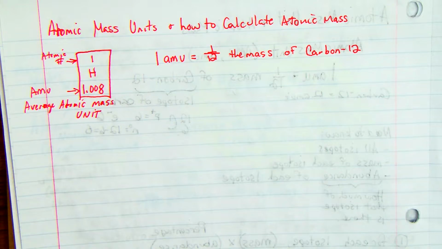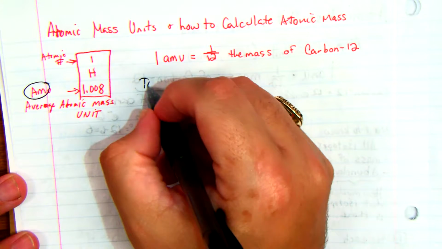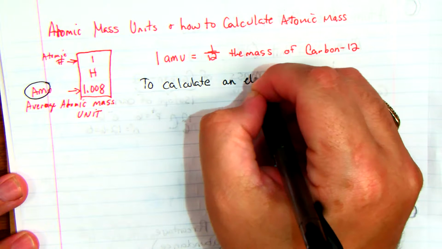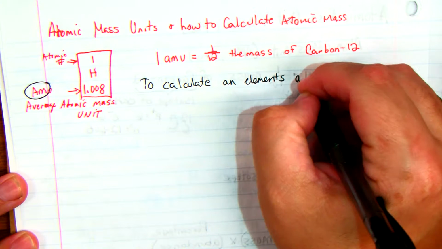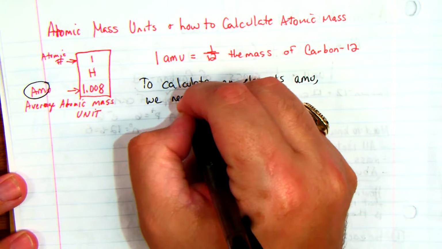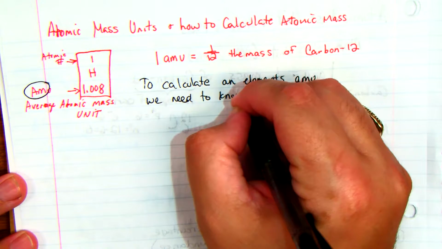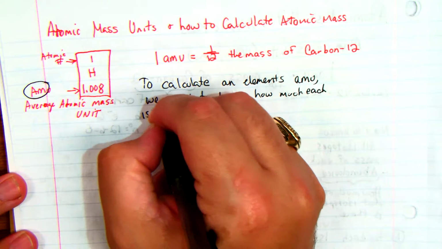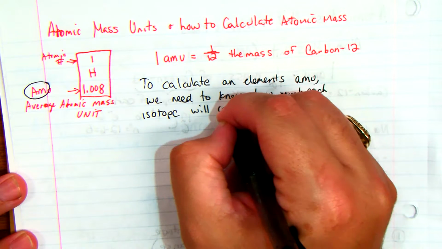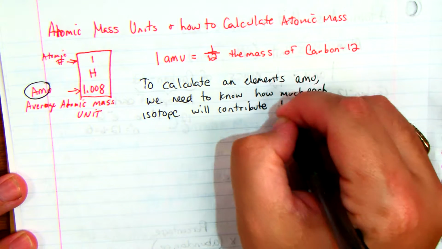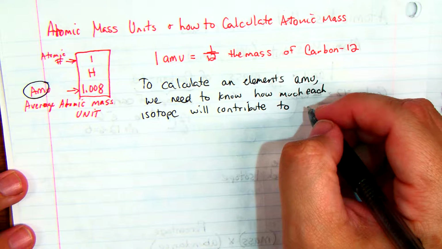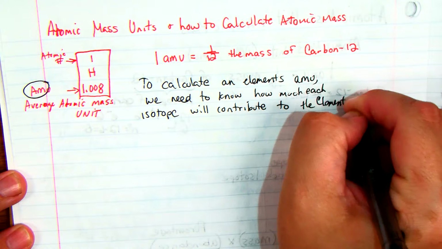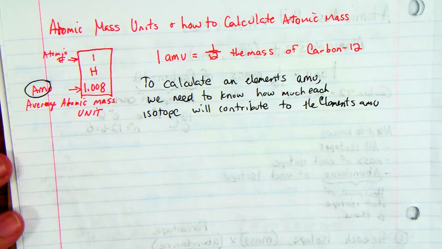And in order to calculate an element's atomic mass unit, we need to know how much each isotope will contribute to the element's AMU. Now, in order to do this, we're going to do an example.